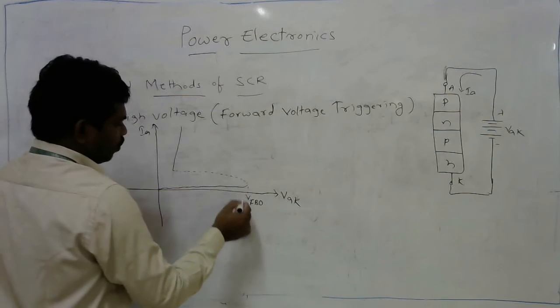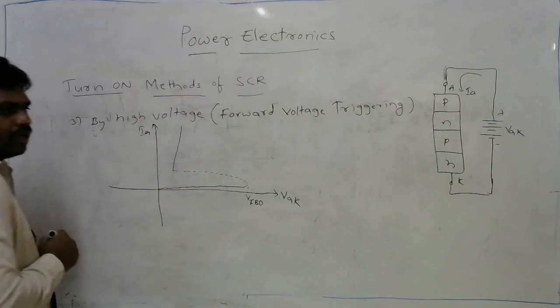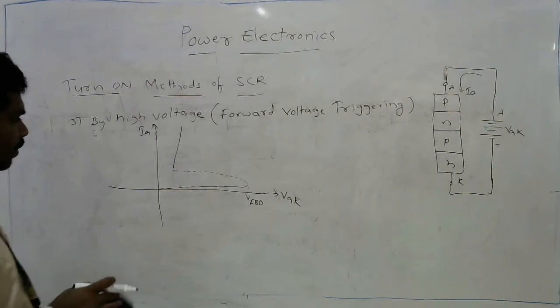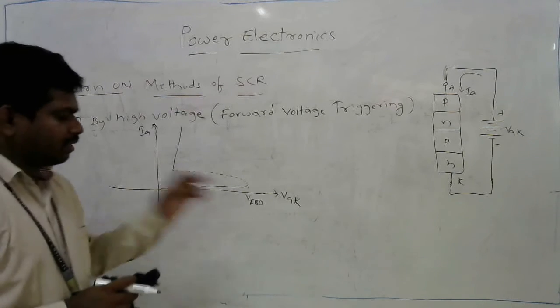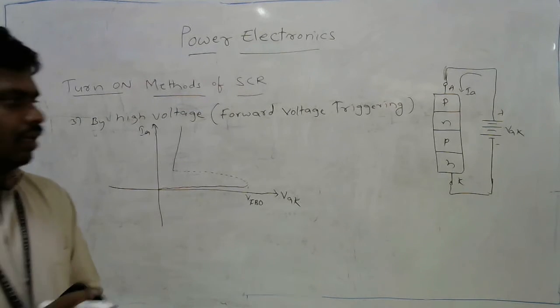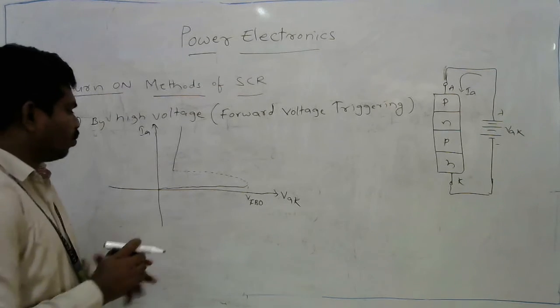So this voltage is nothing but the high voltage that we are applying across anode and cathode terminal. So once the breakover voltage is reached, only then the SCR comes to conduction state from its forward blocking state.